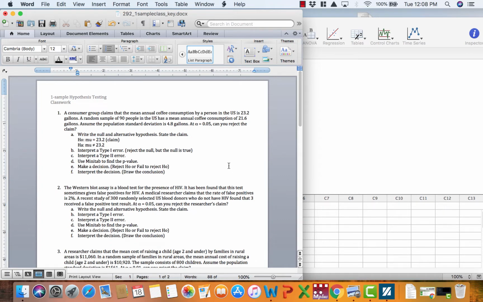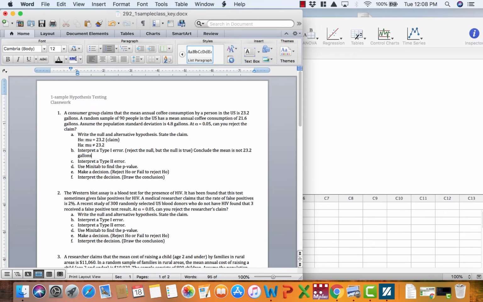All right, so that's what a type 1 error means. Now we want to interpret for this problem what that means. So if we reject the null, that means we're concluding the alternative. So we conclude the alternative, which says we conclude the mean is not 23.2 gallons. All right.